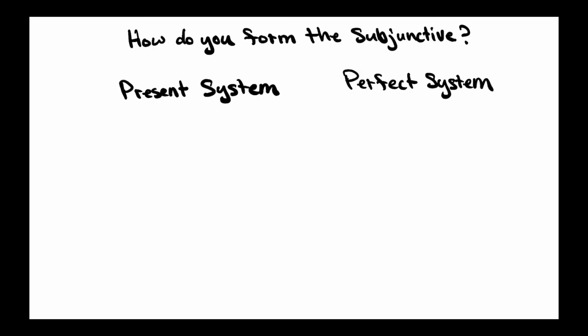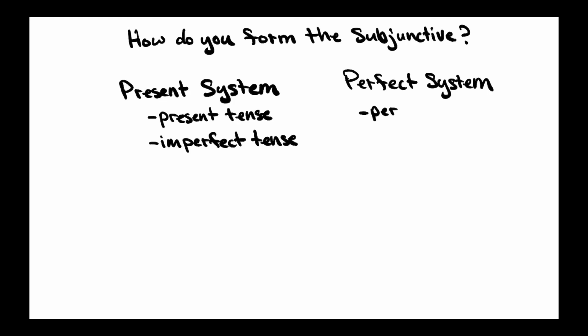The tenses that are important for us, because we're not doing any futures, in the present system are the present tense and the imperfect tense. And then for the perfect system, the perfect and the pluperfect.